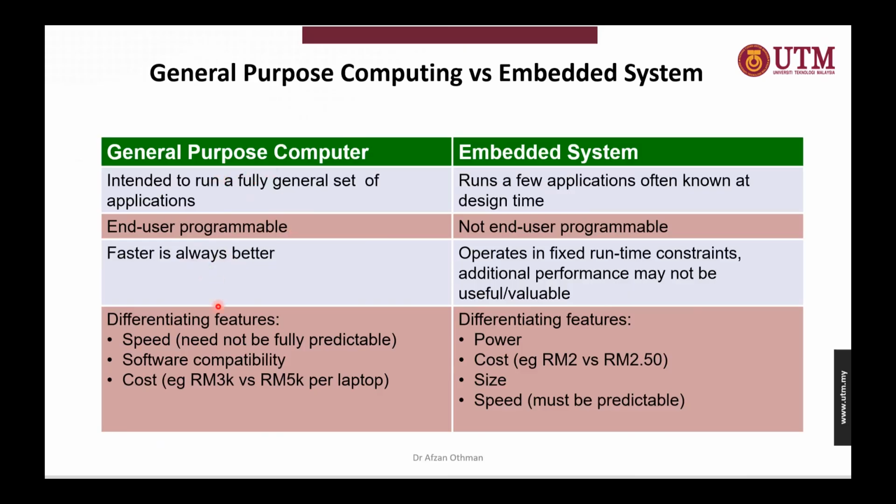And the last one here is how to differentiate one computer from another computer by looking at the speed. Some computers have this speed, some computers have that speed. For example, computer A has a 2 GHz processor, computer B only has a 1 GHz processor.